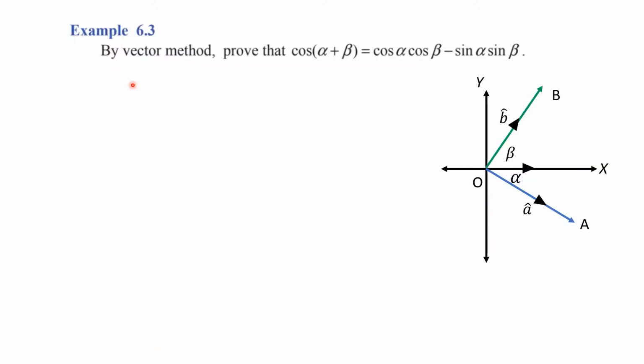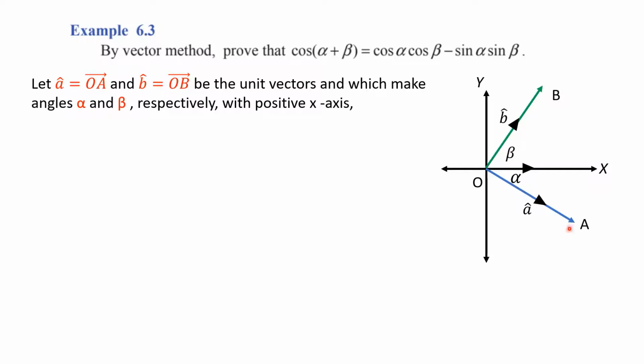In the next problem, by vector method, prove that cos(alpha plus beta) is equal to cos alpha cos beta minus sin alpha into sin beta. Okay, so now let's consider a vector OA, which is a unit vector A cap, and vector OB is a unit vector B cap, and let alpha be the angle between A cap and the x-axis, and beta be the angle between B cap and the x-axis.